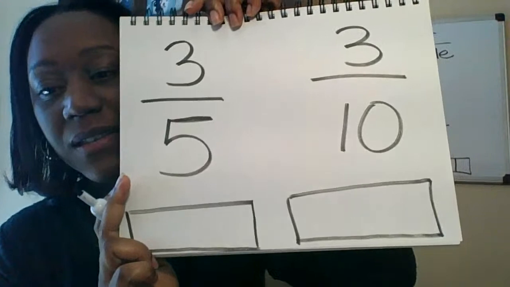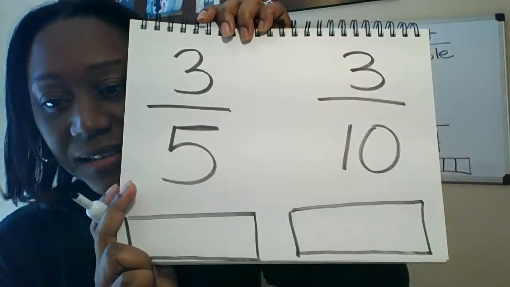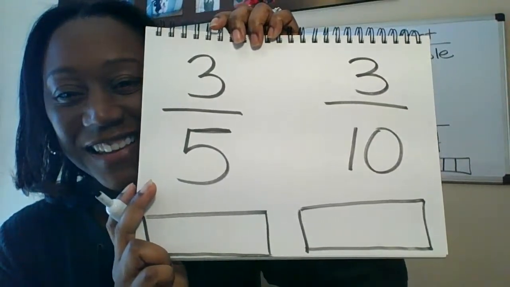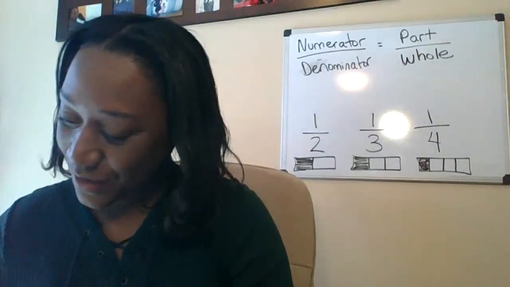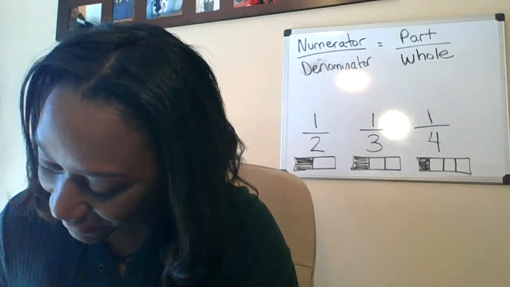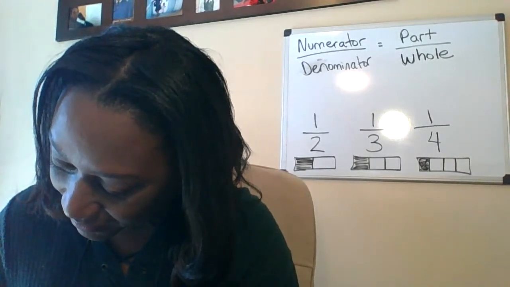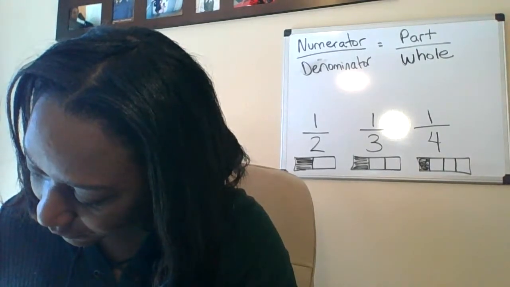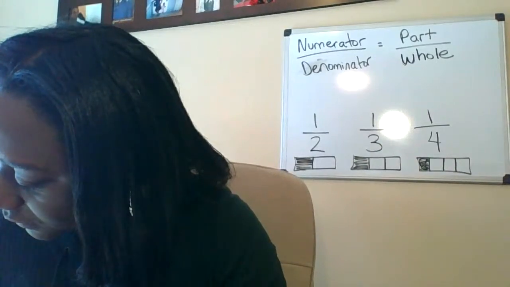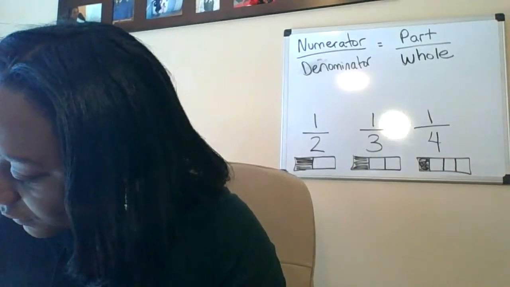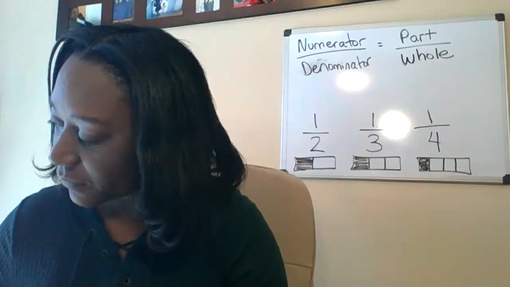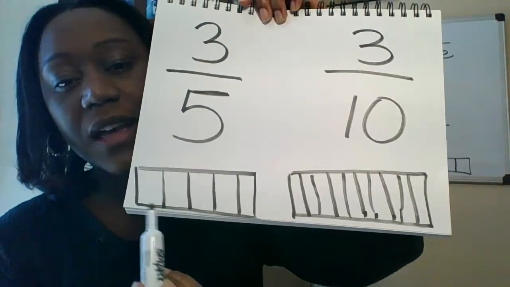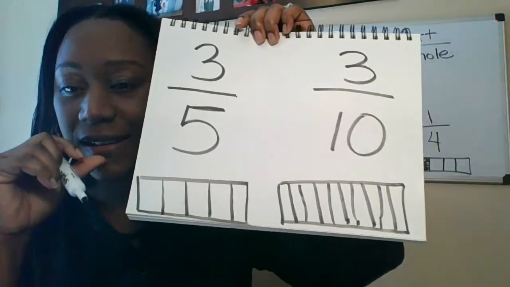The squares have to be the same size. All right, it's looking good. I'm going to break one into 5 parts. I have my denominators, 3 out of 5 parts and 3 out of 10 parts.